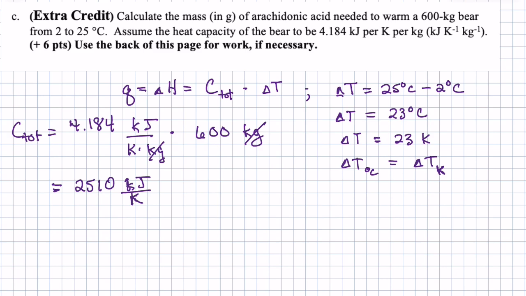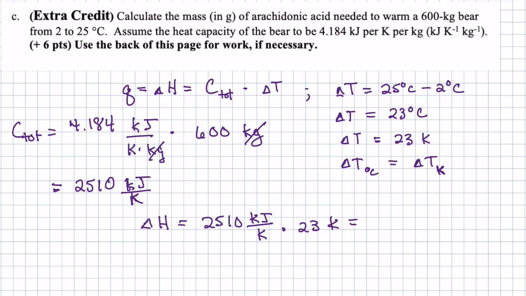So therefore, the delta H that we need, the heat that we need to warm the bear, is going to be 2510 kilojoules per Kelvin times 23 kelvins. All right, so that's what we're going to need to heat the bear.